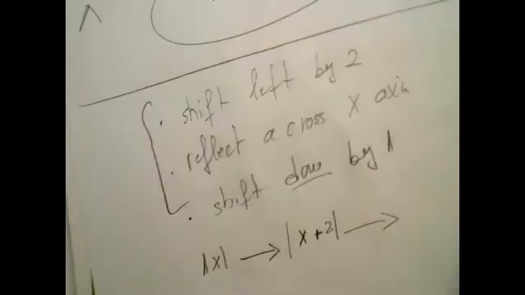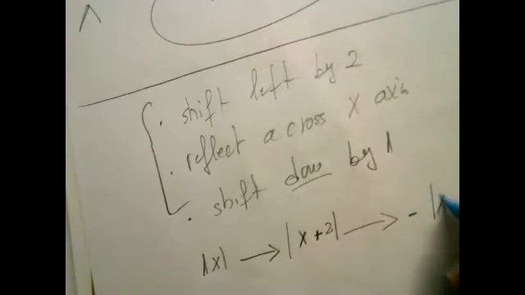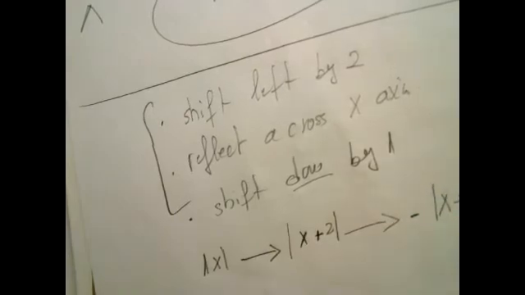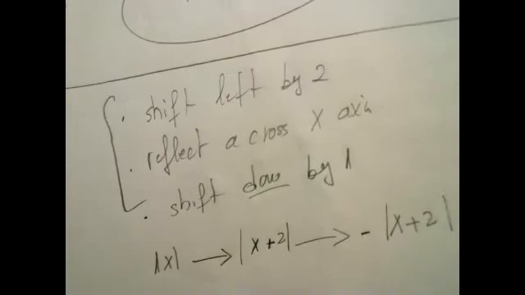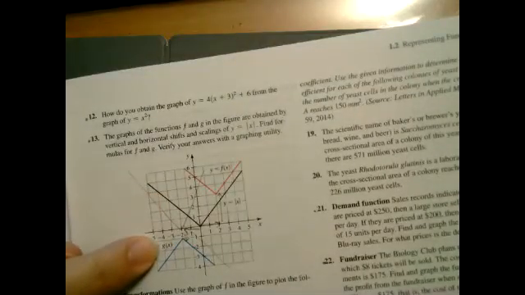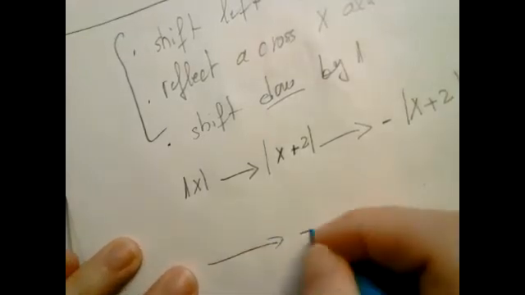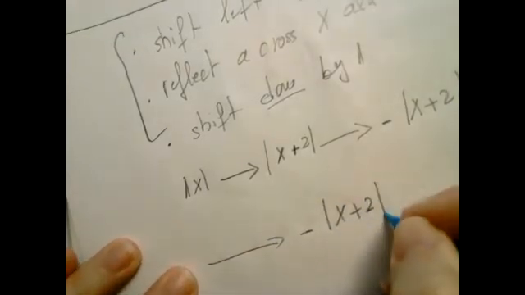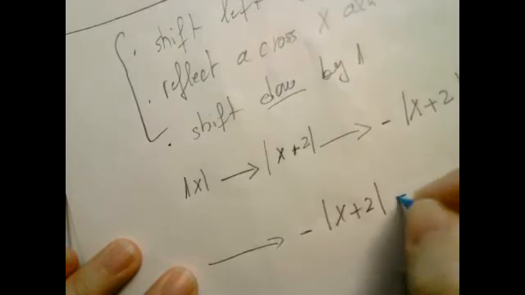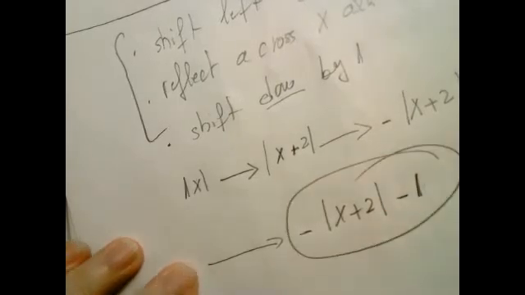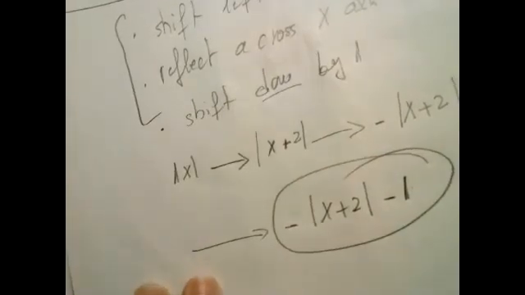I reflect, it means minus the x plus 2. Right now, I am with this one. Now I want the blue. So the last step is I take the one I shifted, and then I shift it down by 1. And that's the function g of x.